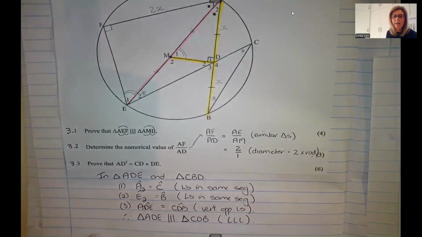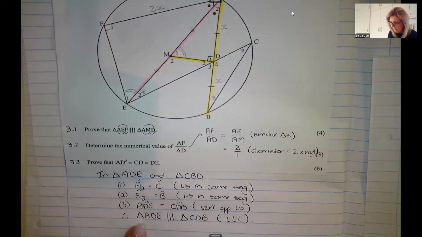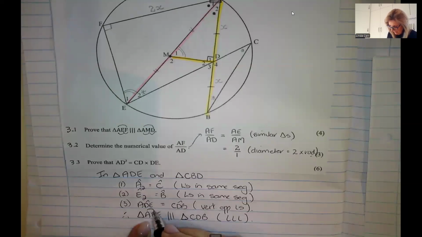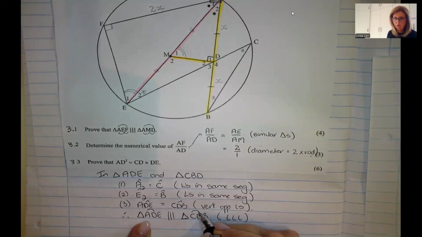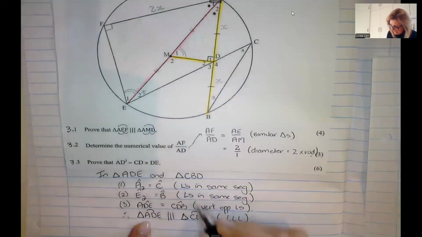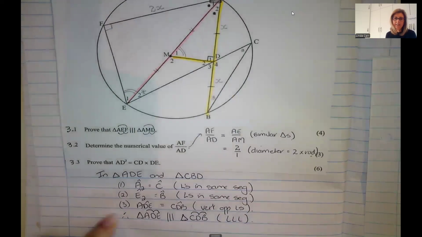All right, now I'm looking for this AD squared, but remember there's no AD squared, but I want AD, which happens to match with CD, and then I want BD, which happens to match with DE.